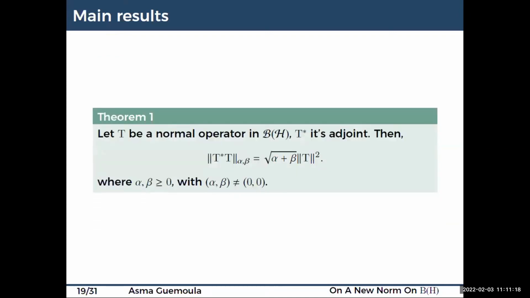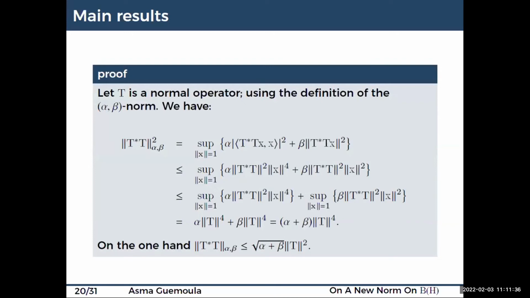Theorem 1. Let T be a normal operator in B(H), and T star its adjoint. Then we get this equality, where alpha and beta are positive, not both nil. Proof. Let T be a normal operator.